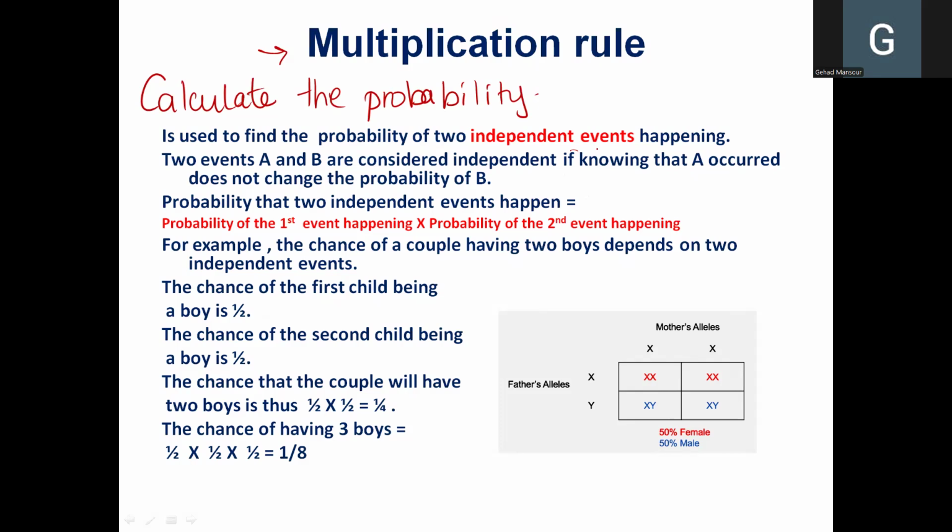So in general, the multiplication rule is applied whenever the relationship between 2 events is "and". On the other hand, the addition rule, which we'll be seeing on the next slide, is when the relationship between the 2 events is "or".